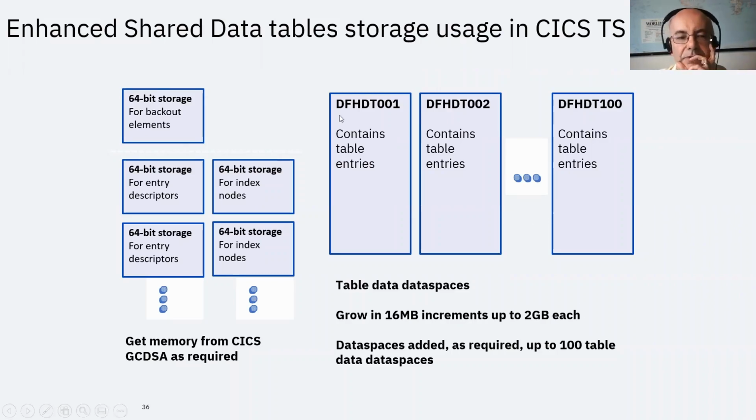On the left-hand side, you can see that what was in DT001 and DT002 is now held in 64-bit storage. Your customer data is still in 31-bit data spaces, but now we've given back those 2 data spaces we were using, and so now you can have 100 data spaces for your actual data, which gives you 200 gig per FOR.